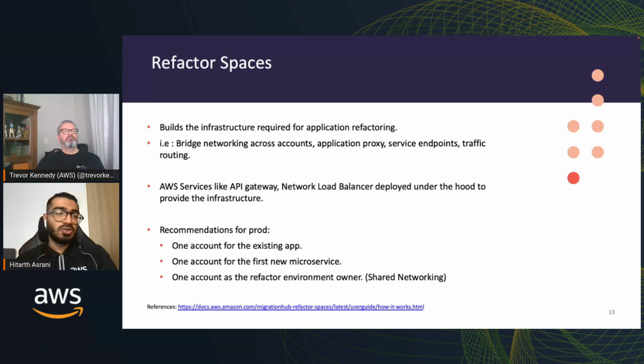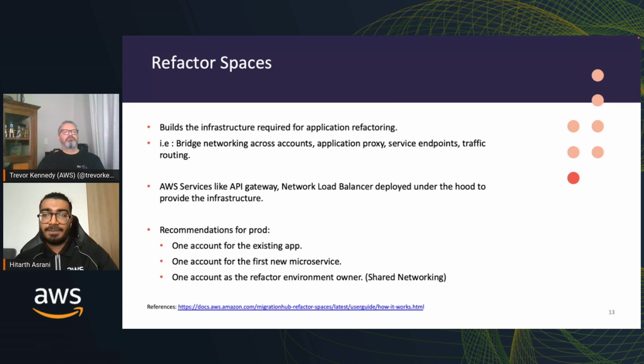It builds all of this for you, so that you don't have to figure out how to implement the strangler fig pattern. You can just start implementing it. Some of the services, like I mentioned earlier, are API Gateway and Network Load Balancer. We've got a few IAM roles deployed under the hood, and the good thing is this works across accounts.